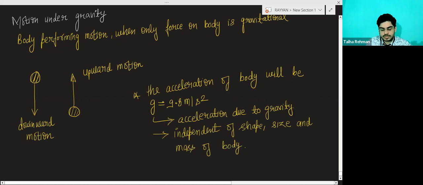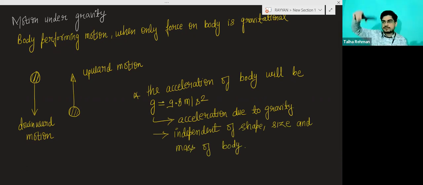Okay, so one question I am asking. For example, there is one mobile phone and there is one pen. Both I am throwing like this. Suppose air friction is negligible. We are not assuming air around. We are assuming only the gravitational force. These bodies are performing the motion under the action of the gravitational force.